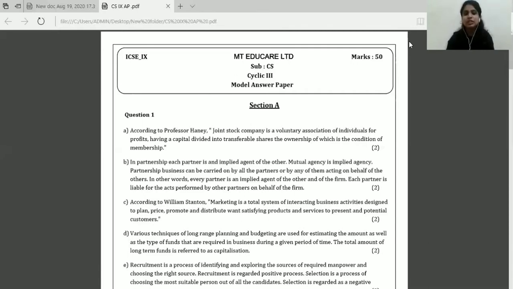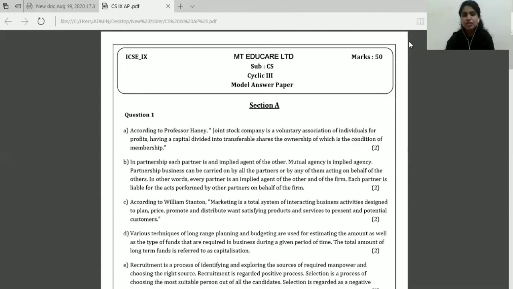You have the liberty of choosing your own words to explain the point. And in the end, you can add: thus in partnership, every partner is an implied agent of the other. So in the end, you can add the statement, trying to justify the statement that was given to you in the question. If you've nicely explained the statement, then you earn your 2 marks.